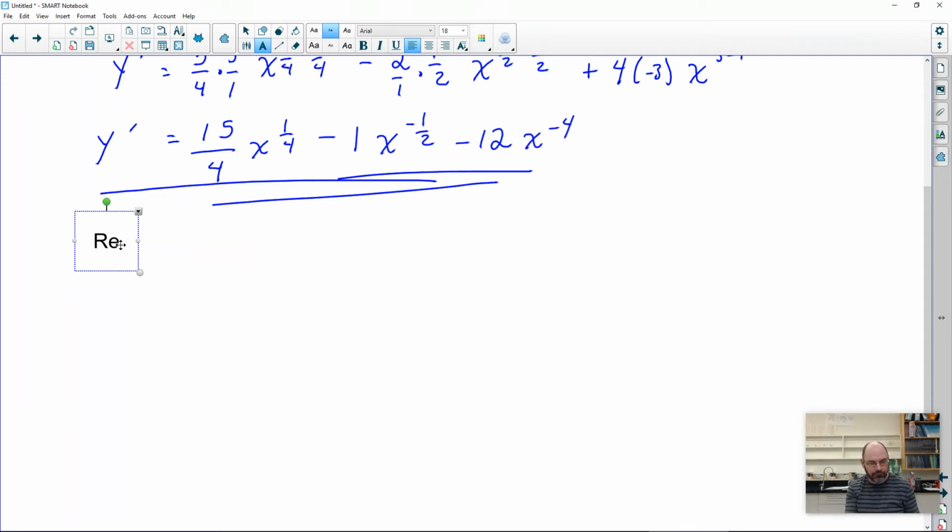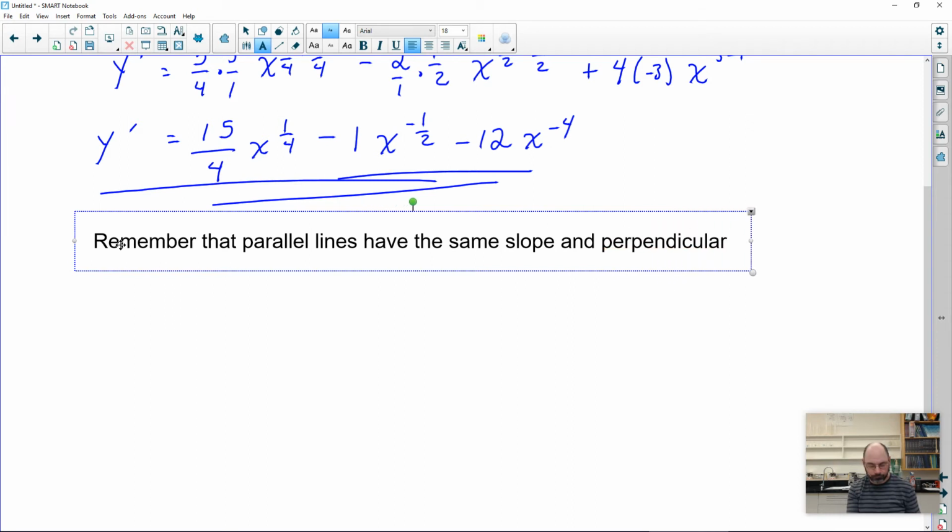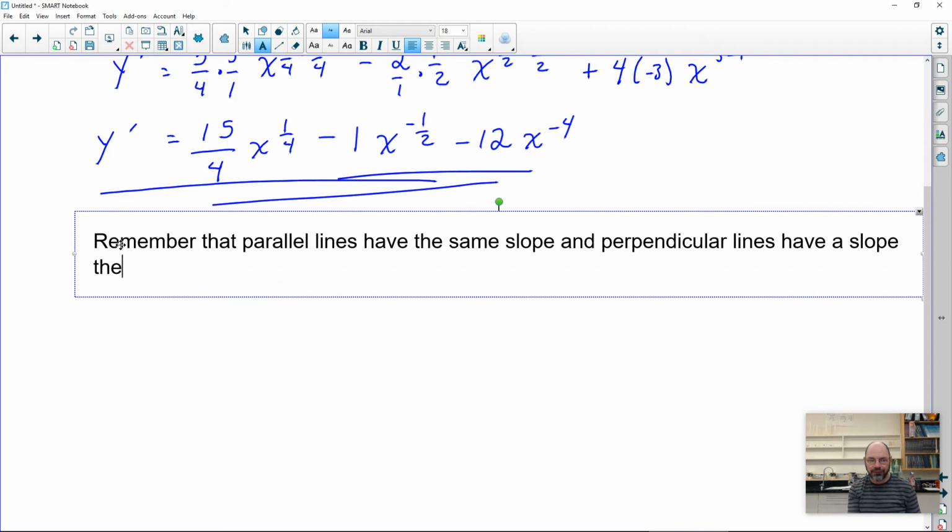So remember as well that parallel lines have the same slope, and perpendicular lines have slopes that are negative reciprocals.